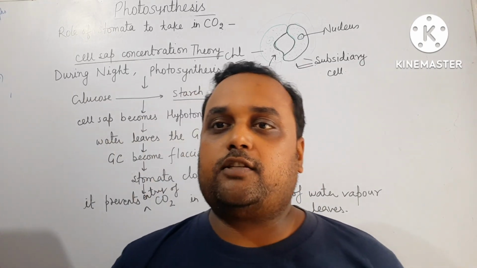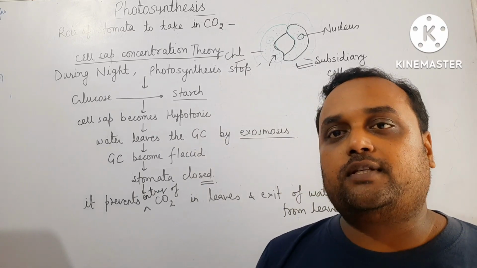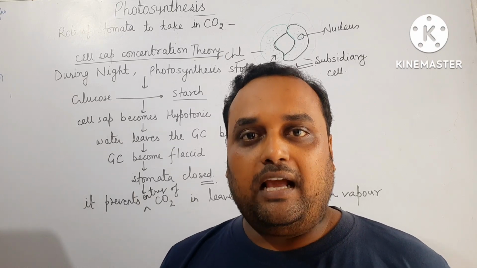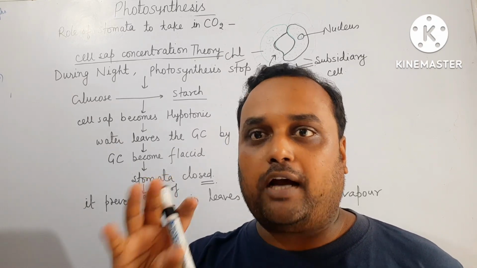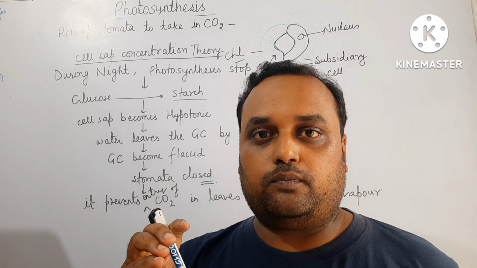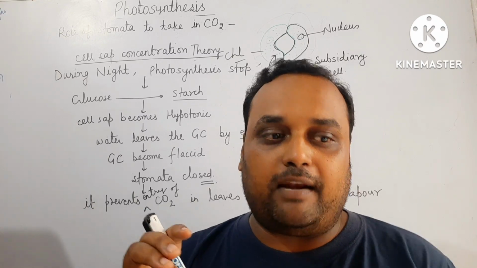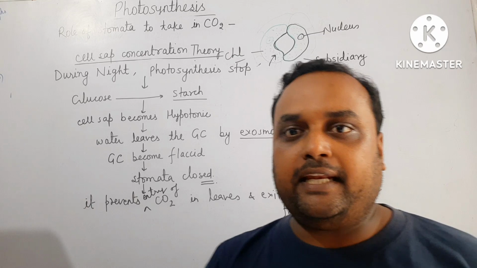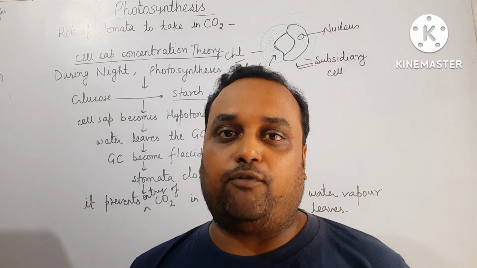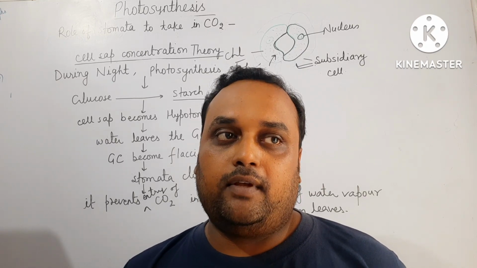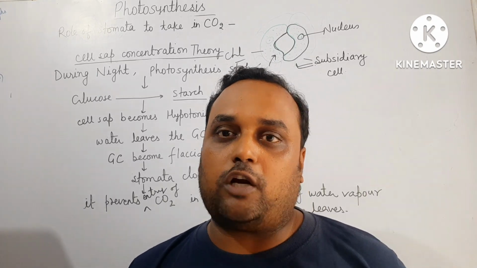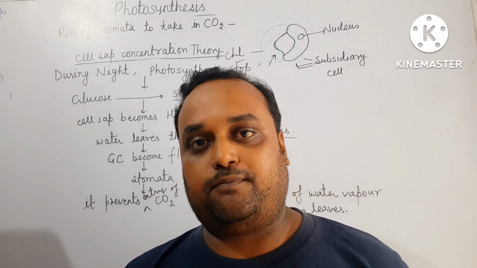So what are the raw materials for photosynthesis? Carbon dioxide molecule, water, chlorophyll, as well as sunlight. So these are the main important requirements. If any of them is removed, for example, if you do not give water to the plant cell, then photosynthesis will be affected. If the chlorophyll molecule is not present in the cell, then also photosynthesis is affected.